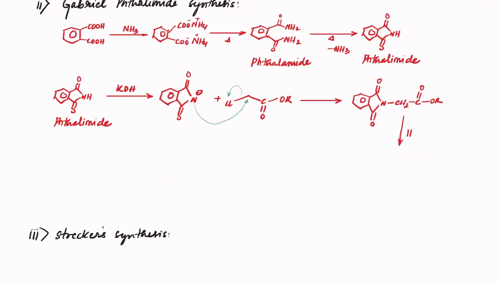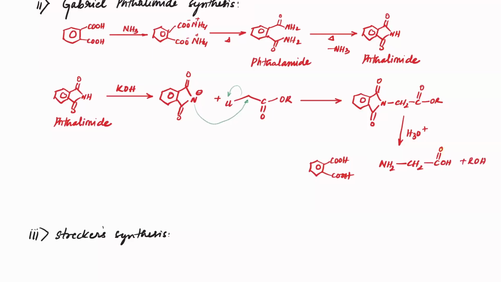On this, if you perform hydrolysis, two things happen. First, hydrolysis happens on this end also, which converts it into phthalic acid. Second, the nitrogen converts into NH2 connected to CH2 and then C double bond OH, plus ROH.